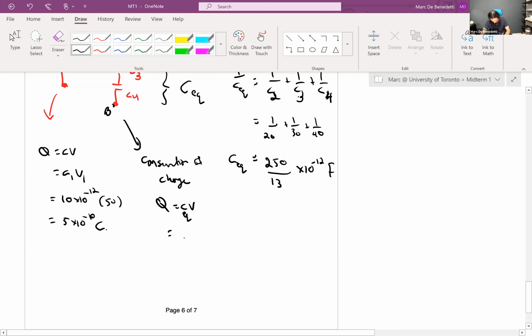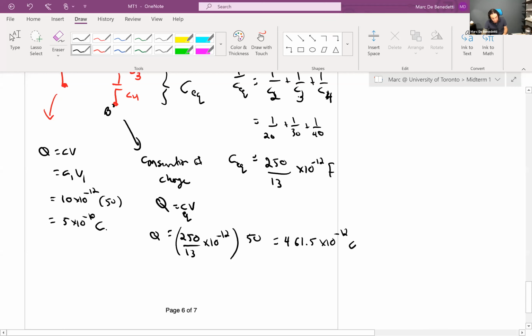So this is going to be 250 over 13 times 10 to the minus 12 times 50 equals Q. And if you go about doing that, assuming my calculator skills are competent, I think you're going to end up getting 461.5 times 10 to the minus 12 coulombs.